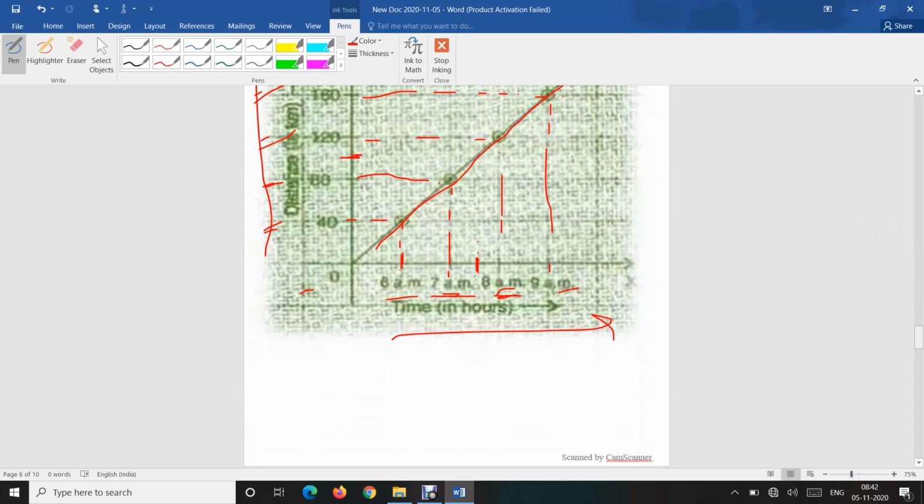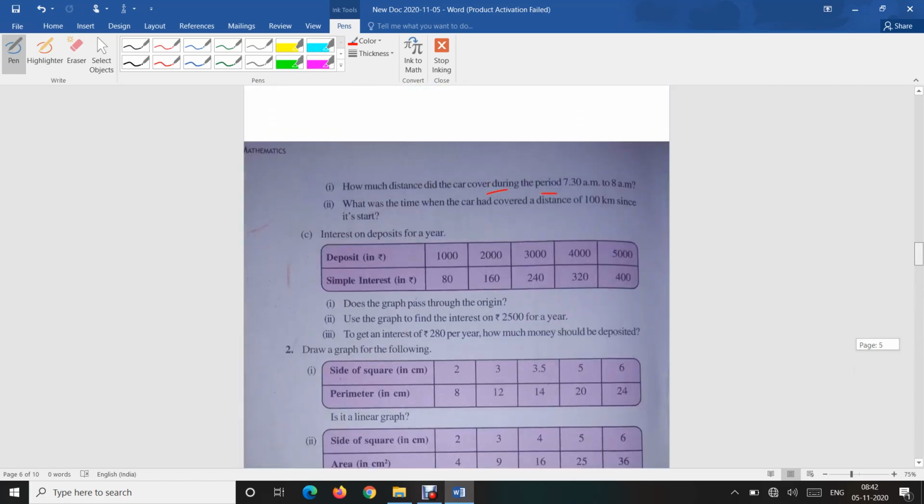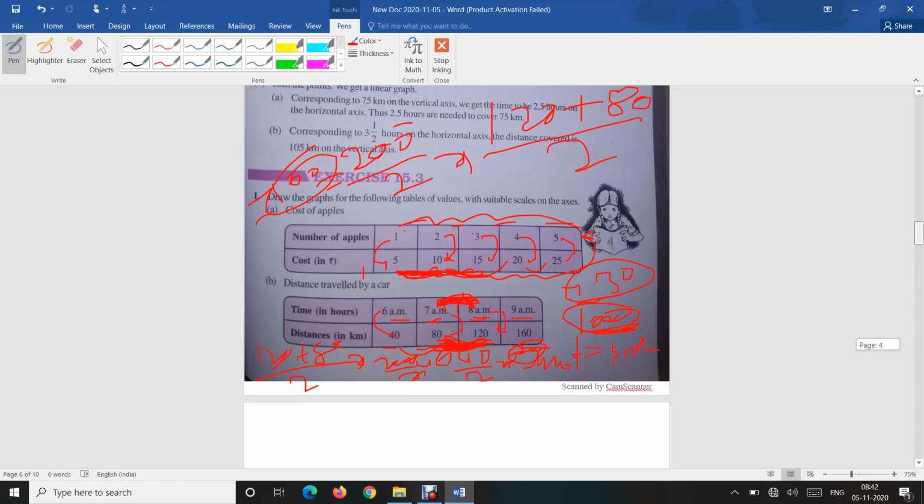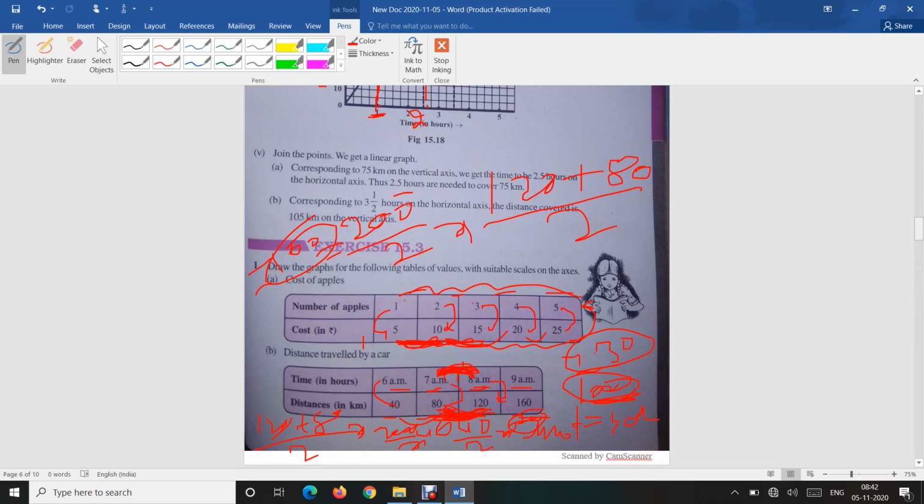Similarly, the first part was how far the car covered from 7:30 to 8 a.m. You have to see this in the data. It is talking about 7:30 and 8, which again lie exactly in the middle of 7 and 8.